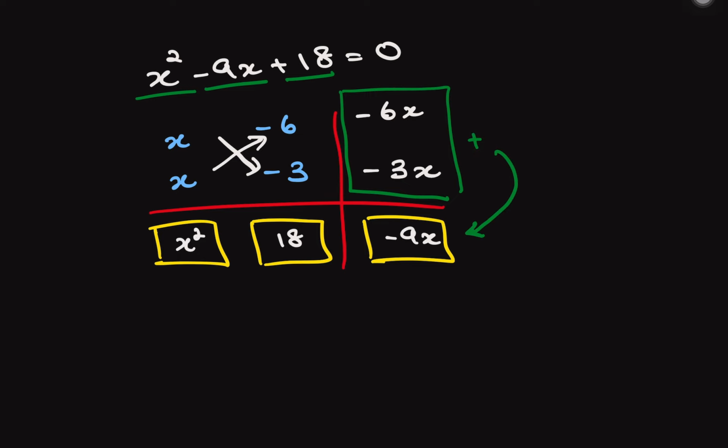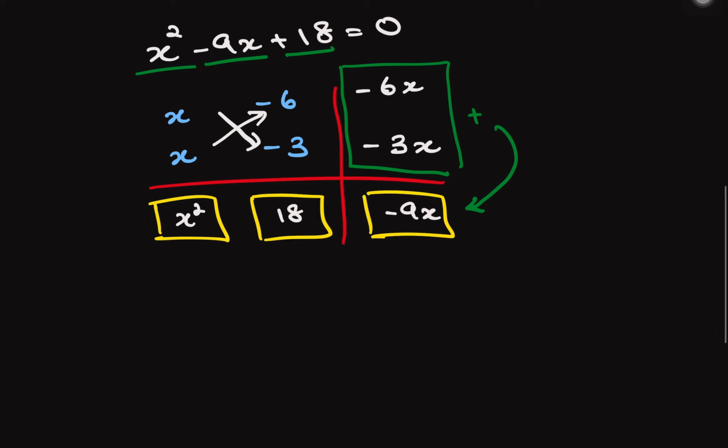So in this case, negative 6x plus negative 3x, we get negative 9x. Therefore, for all three of these terms, it is correct. As x times x, we get x squared, negative 6 times negative 3, we get positive 18, and negative 6x plus negative 3x, we get negative 9x.